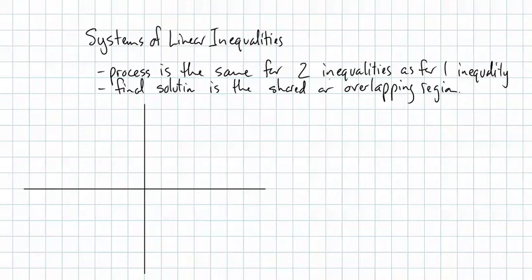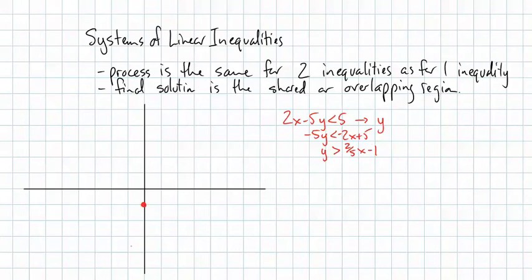So here's an example. What if I wanted to graph 2x - 5y < 5, which, by the way, can be rewritten as -5y < -2x + 5, so y > 2/5 x - 1.